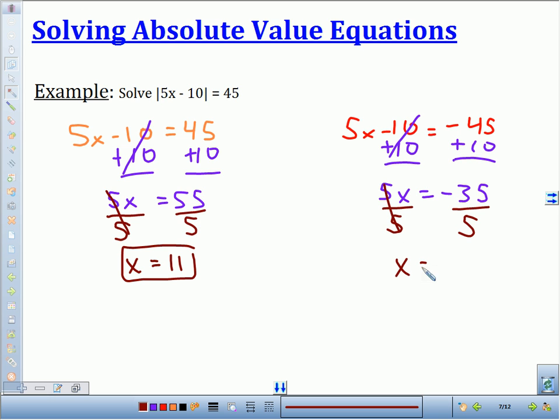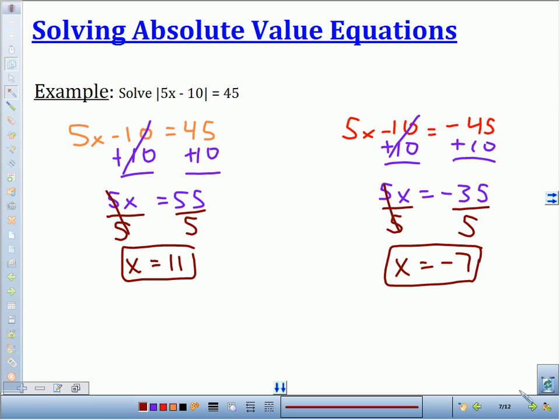And I get x equals negative 7. Both of these are solutions to this equation. Notice that the steps that I used to solve these equations were the same. That may not always be the case, but most of the time it will be. You can use the same steps to solve the equations.